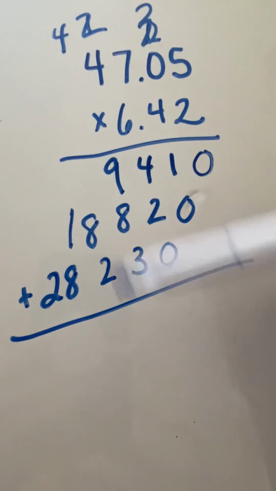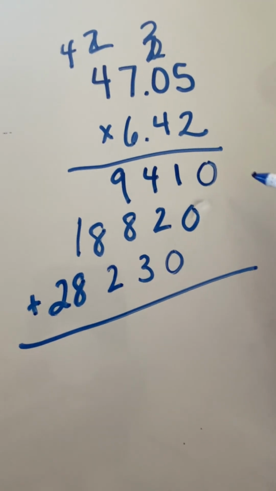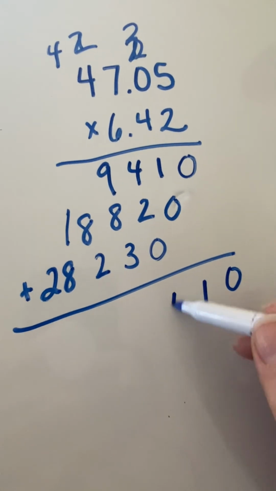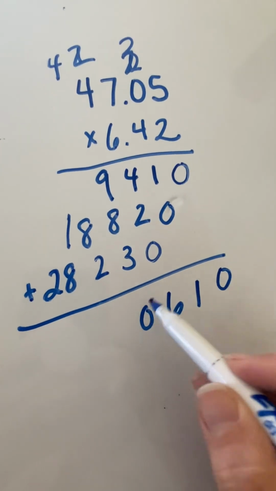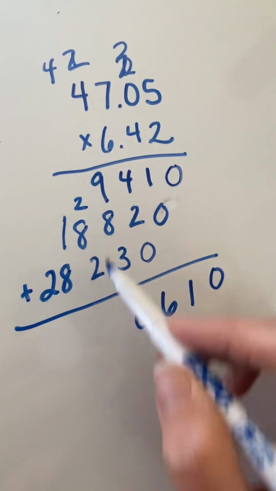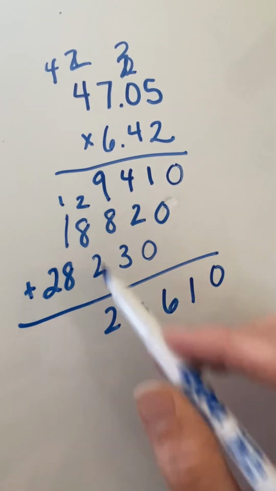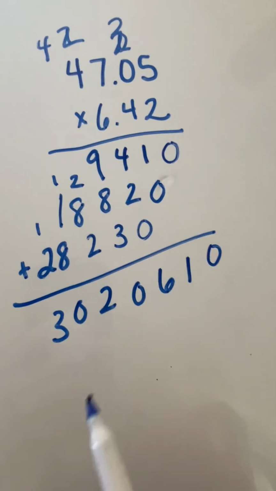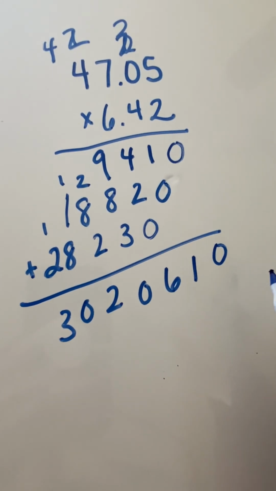Okay, so I just multiplied like you normally do. And now I'm going to add these numbers together. Okay, so I get this really big long number.